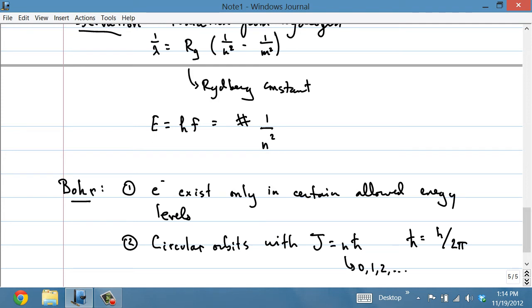So indeed, what we're going to see is that this rule, which Bohr just guessed, based on the observation of the spectrum of hydrogen, is in fact exactly the same as the discretization of the frequencies or the wavelengths of a string, a standing wave, on an interval of length L.